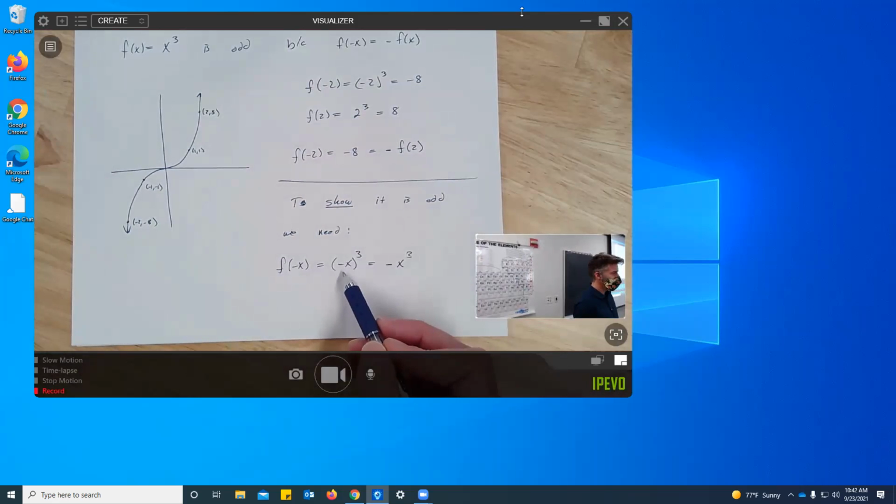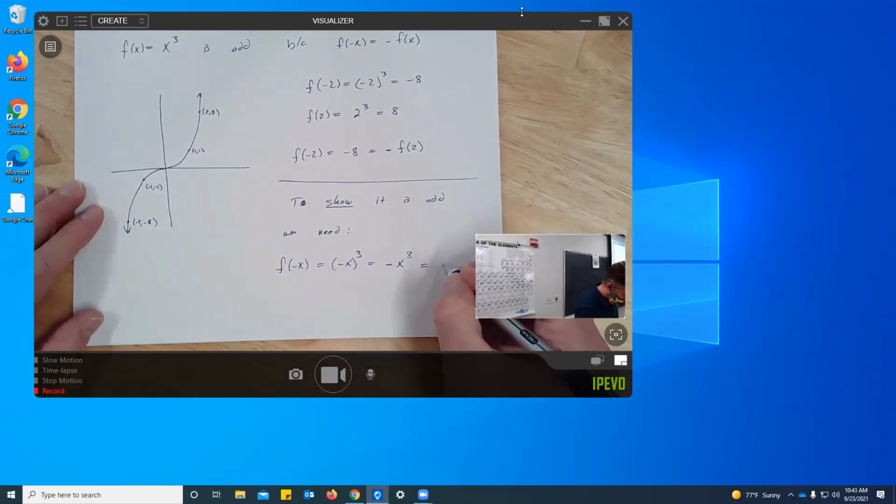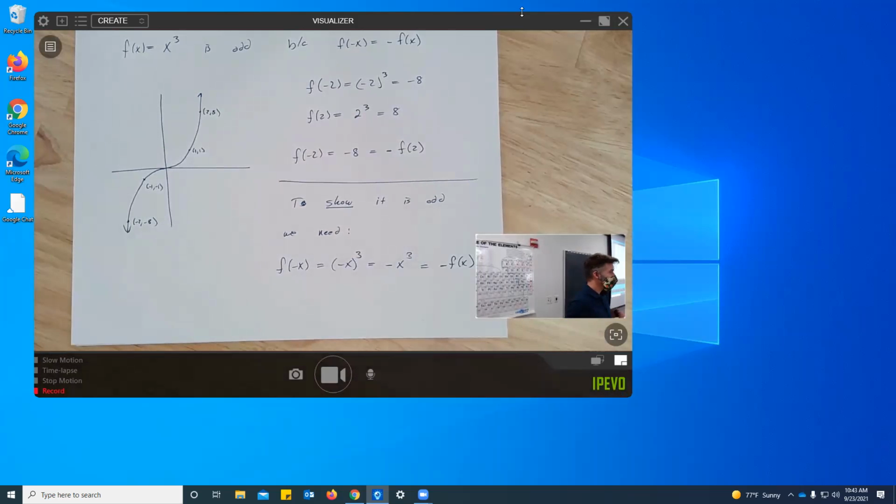Here's (-x) cubed, and here's negative (x cubed). I try to put the pause in there so you can hear where the parentheses are, or you can literally just say the quantity negative x cubed versus the negative of x cubed. And that is equal to the negative of the original function. That is how you would actually show the function is odd, or demonstrate to someone else that the function is odd.